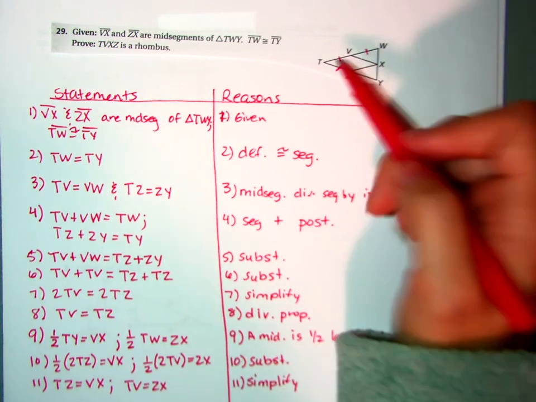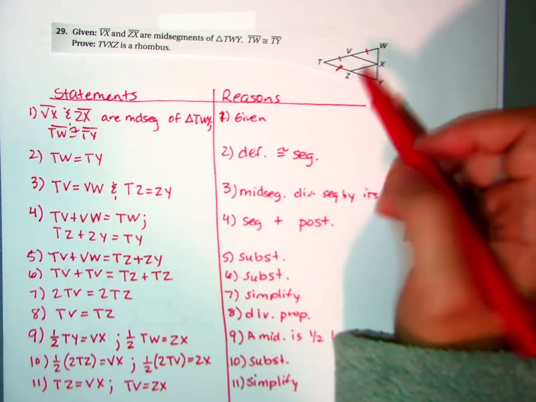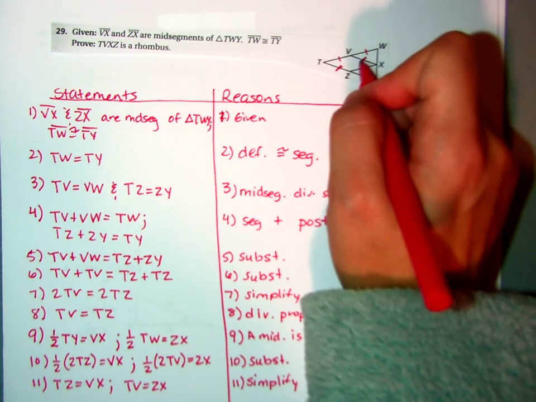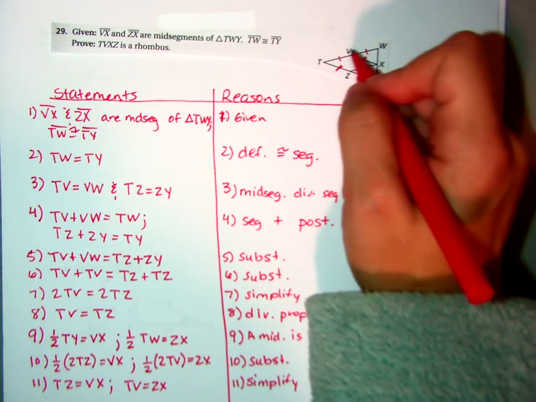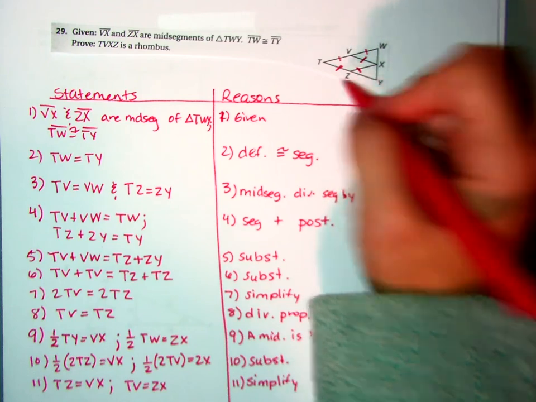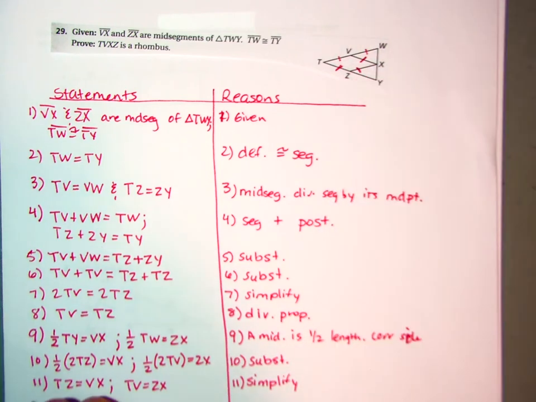Now if you look, TZ and VX are the same. So if this has 1 mark, so does this. And then TV and ZX are the same. So that's 1 mark. So look at that. Now all 4 sides are congruent. So number 12, we can now say that TV is equal to TZ, which is equal to ZX, which is equal to VX.